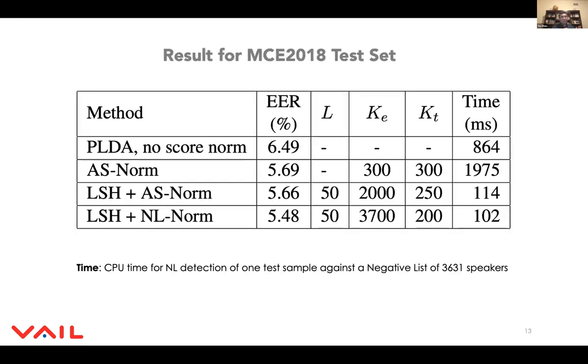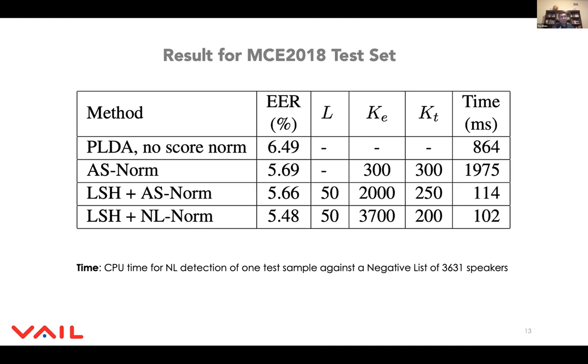So let's take a look at some results. Here is the result on the open source MCE 2018 dataset. In this dataset, there are 3,631 speakers in the negative list. Here we're going to focus on two columns of the data.